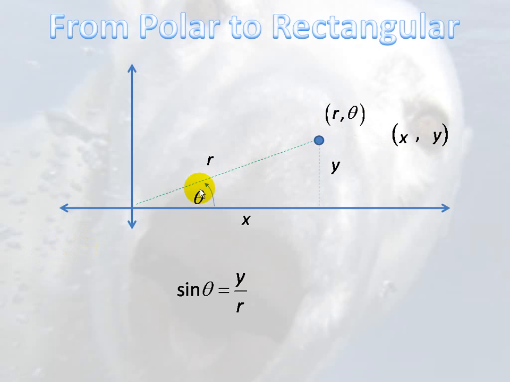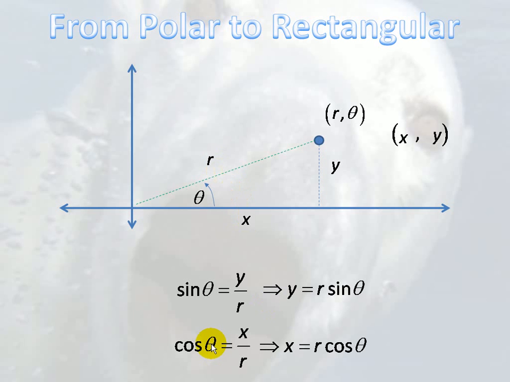Well, notice, sine of theta is opposite over hypotenuse, y over r. So what we've got here is theta, y, and r all together in an equation. If I solve for y, I get y is equal to r sine theta. We have a relationship. If we know r and theta, we can find y. Likewise, the cosine of theta is adjacent over hypotenuse.